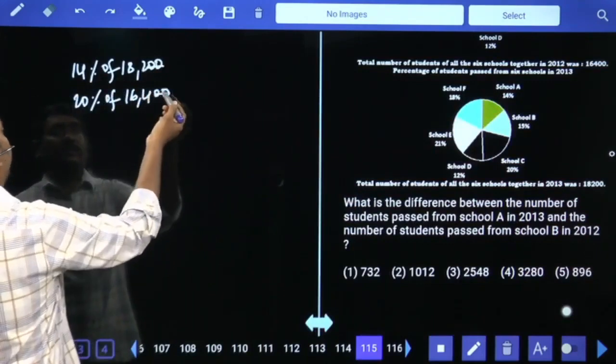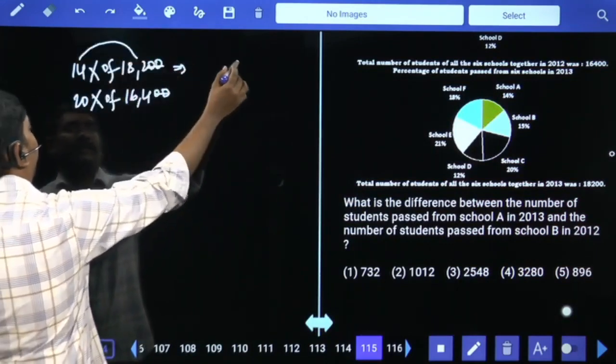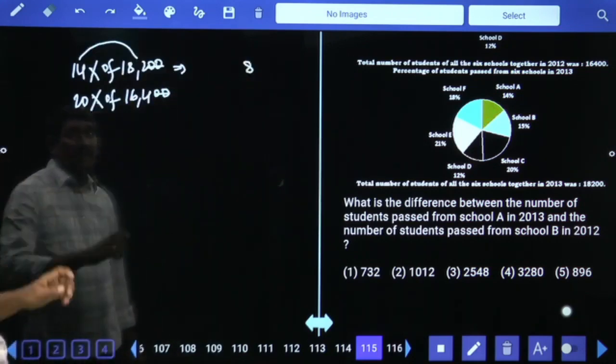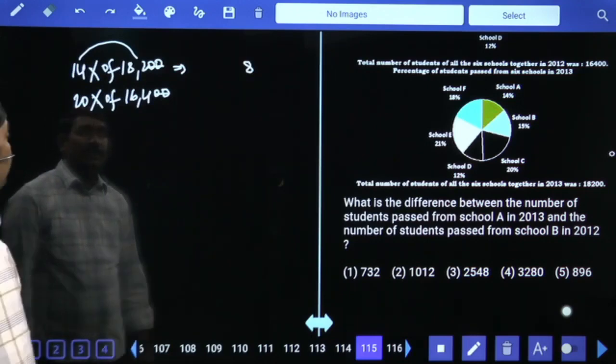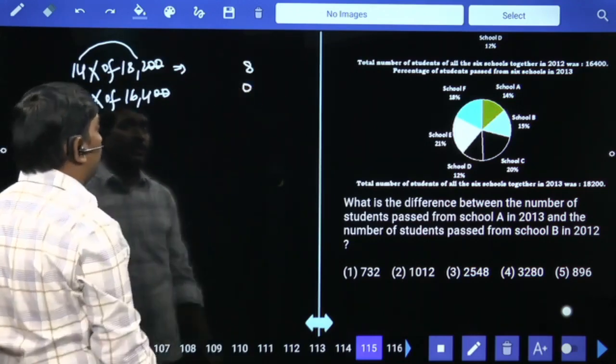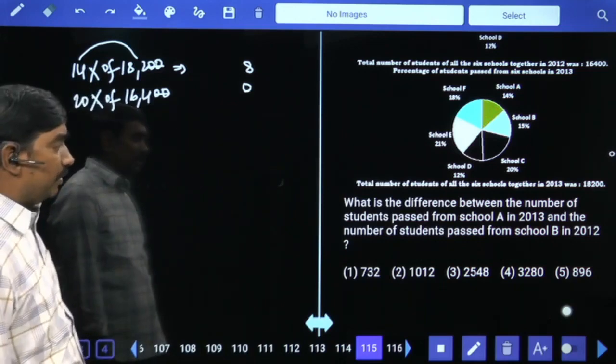Last digit verification: it might be 8 minus 0 or 0 minus 8, so which one is more?